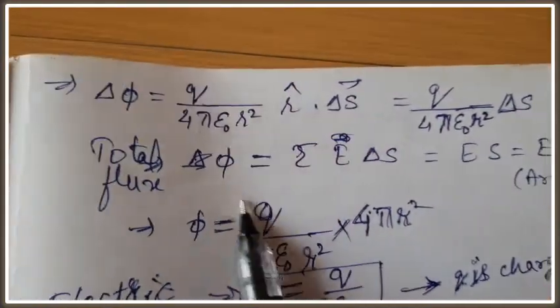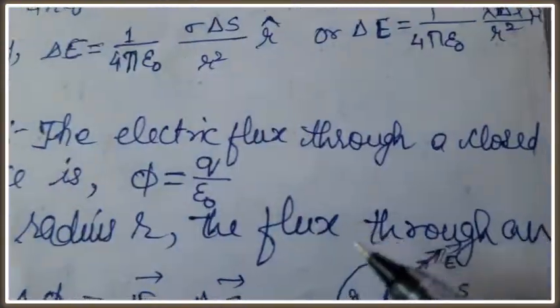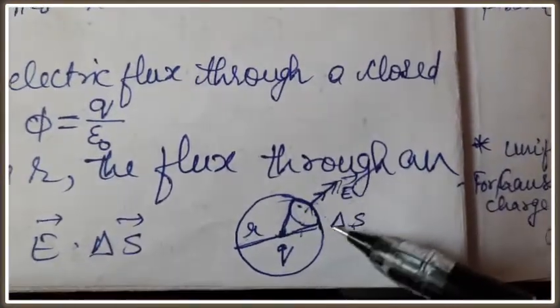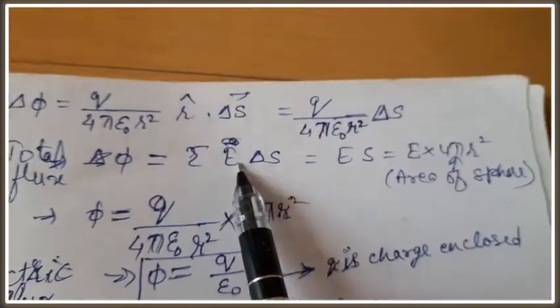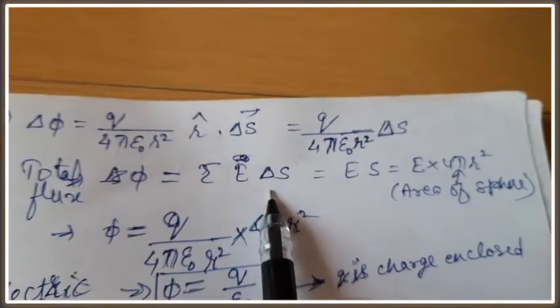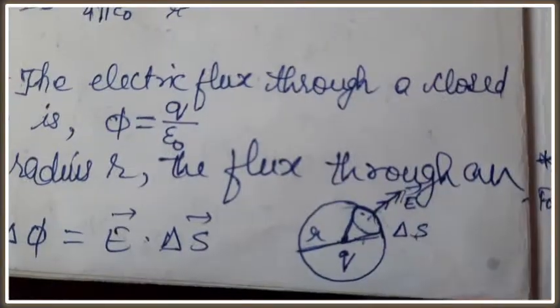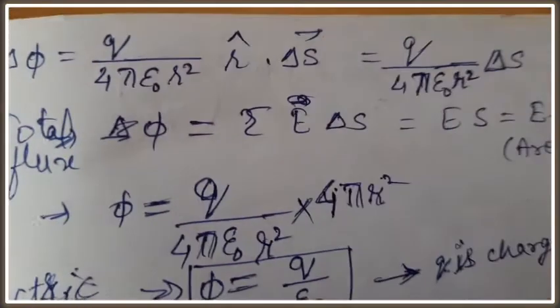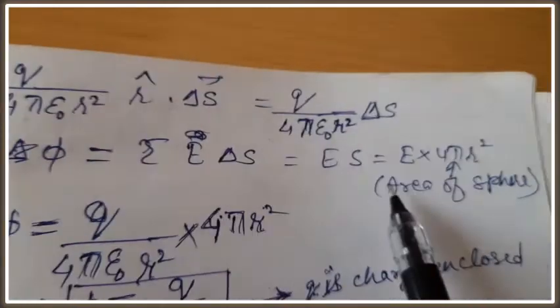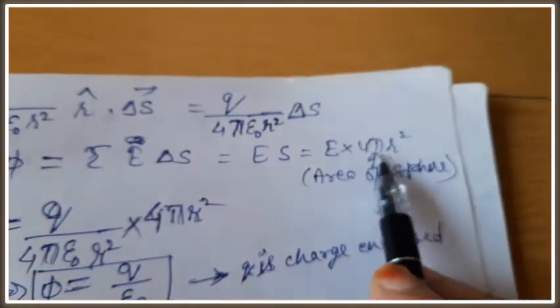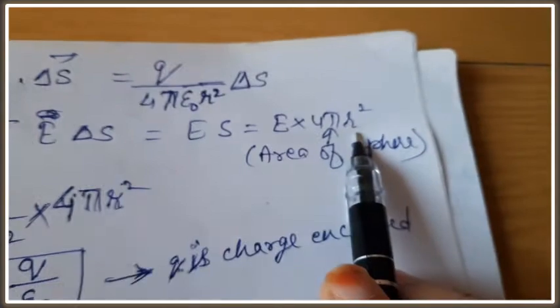Now this was the flux only for a small area delta s. If we want to find the total flux, then we take the summation. E has the same value, and the summation of delta s means the total surface area of the sphere. Area of a sphere is 4 pi r square.